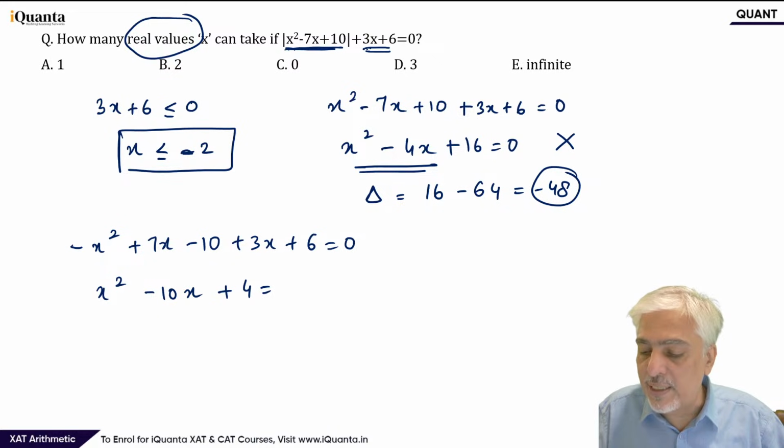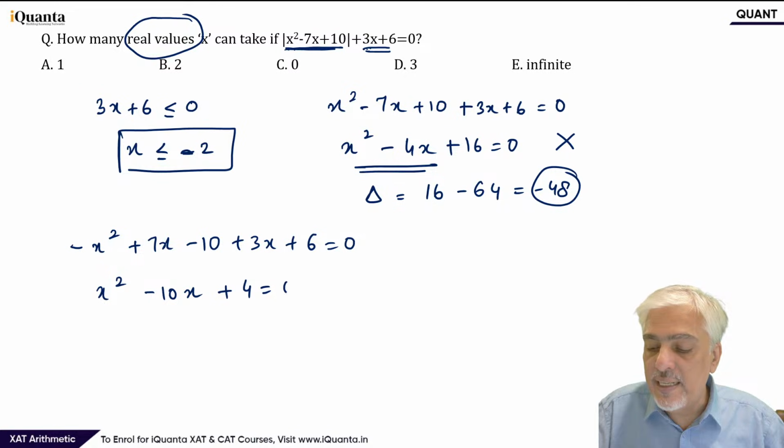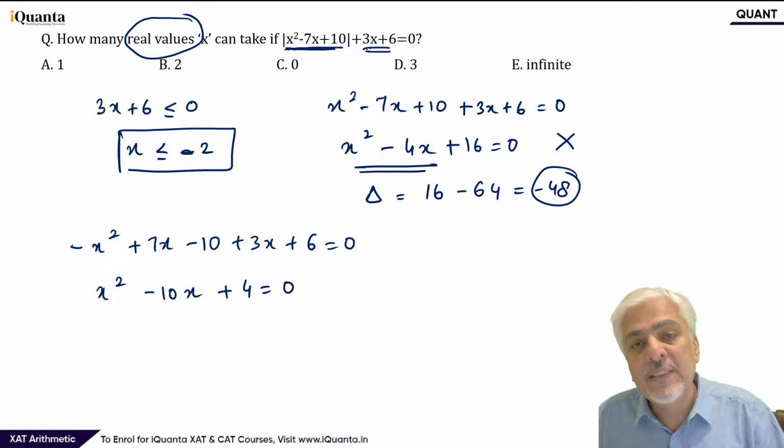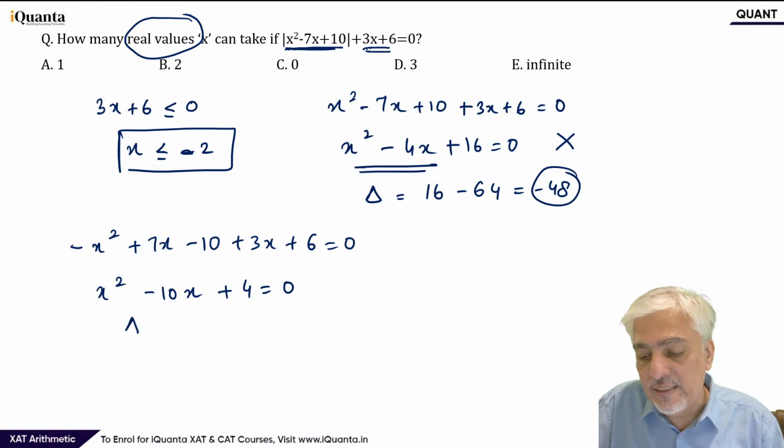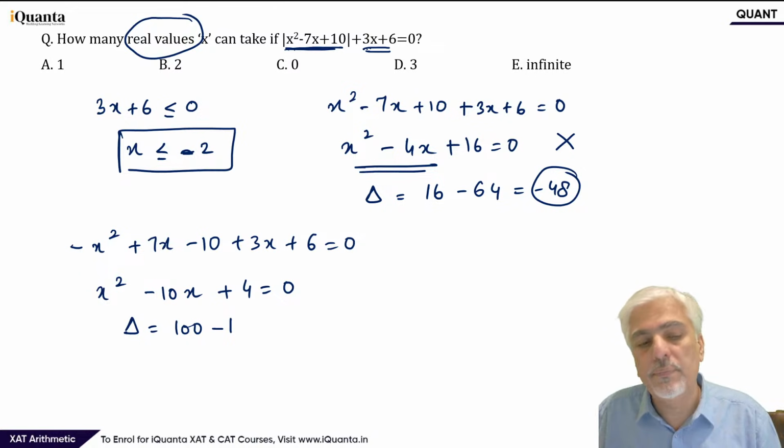Minus 10x, and minus 4 plus... so plus 4, is equal to 0. Now, over here, a lot of people would say, okay, its roots are real, its delta b square minus 4ac, minus 16, is 84. So b square minus 4ac is coming as positive.